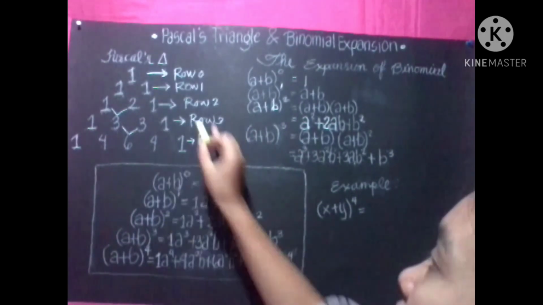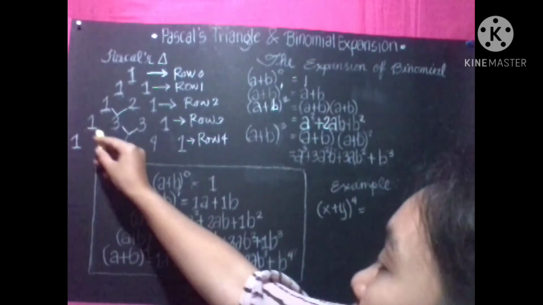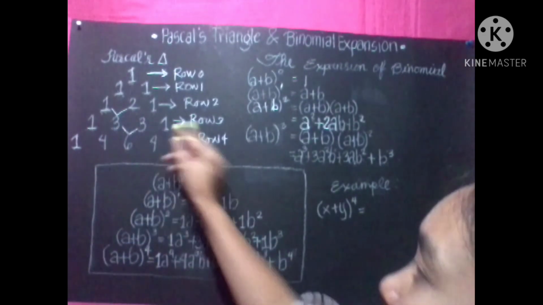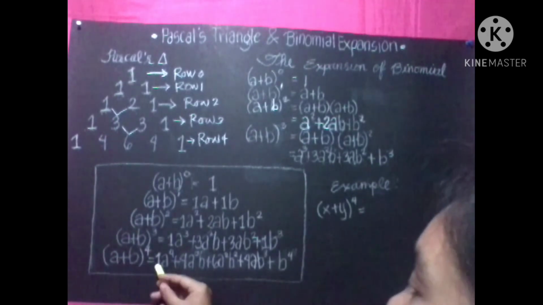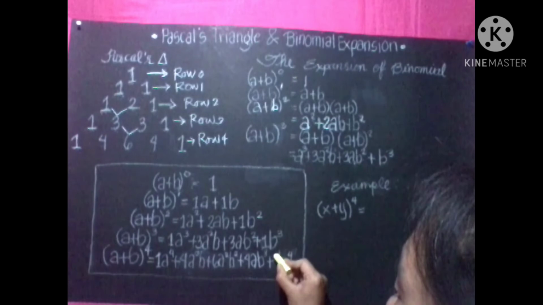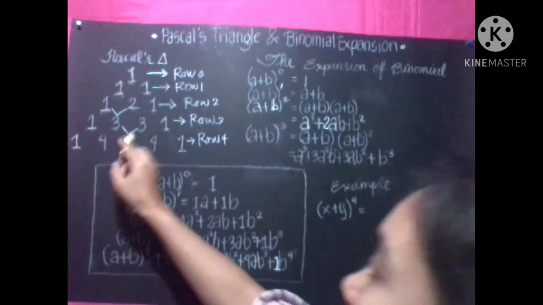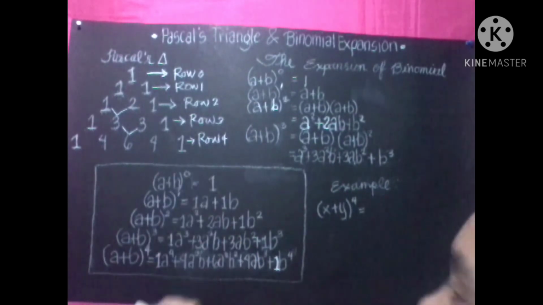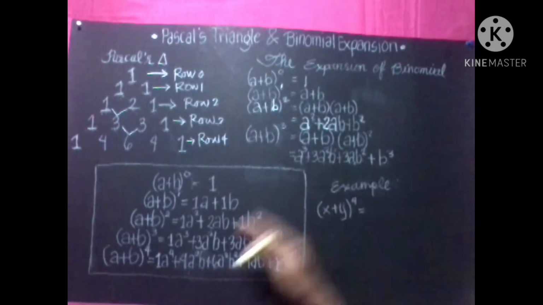This is our row 3, so we have to use this. Next is row 4. So we have 1, 4, 6, 4, 1. So it goes the same with our binomial expansion.